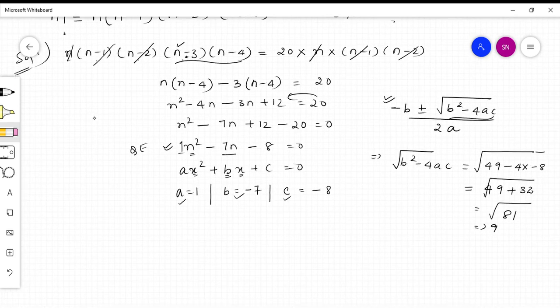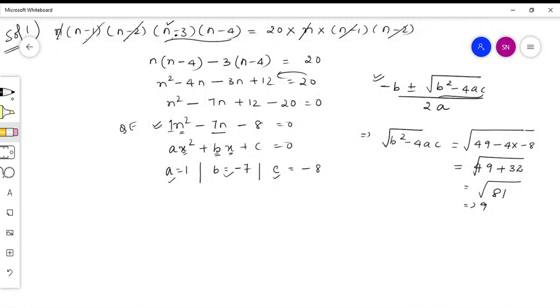So now what will I do? Now I will substitute this value in my formula. This 9 is nothing but the under root of b square minus 4ac. So substituting in the quadratic equation formula, what will I get?